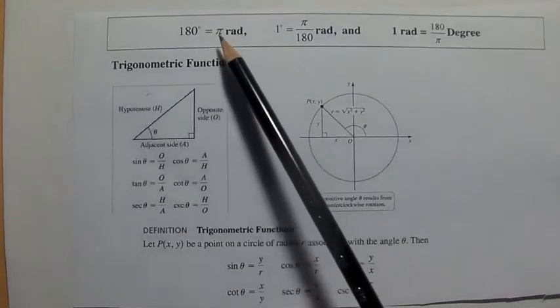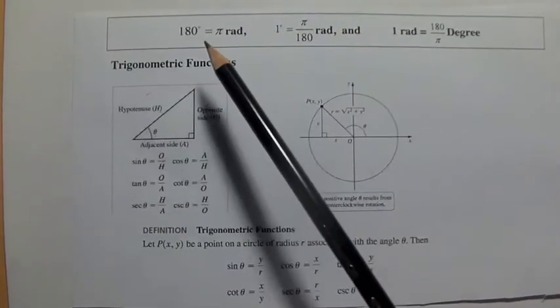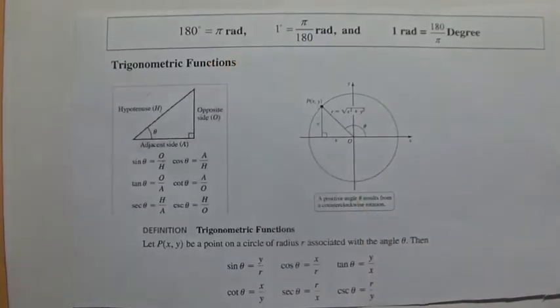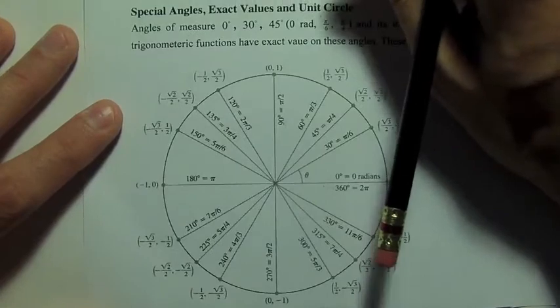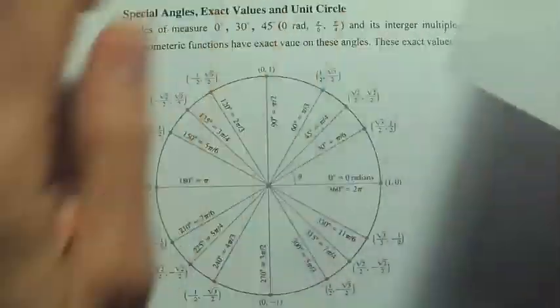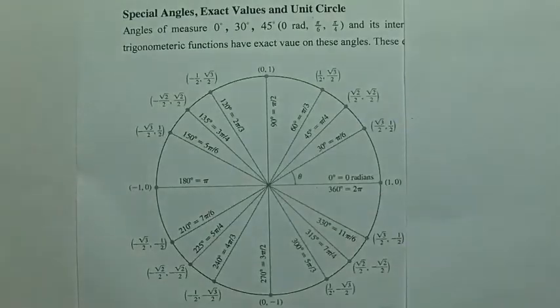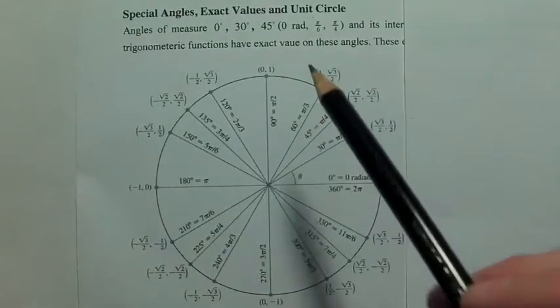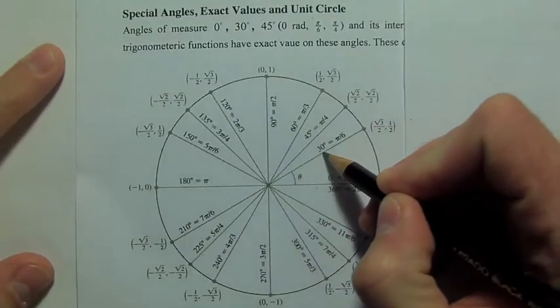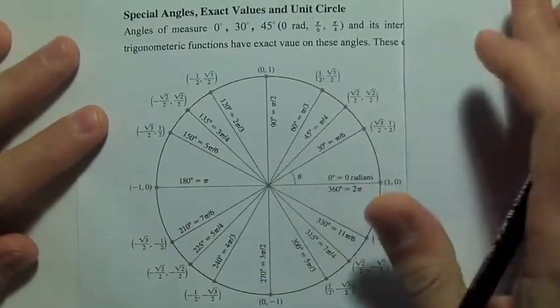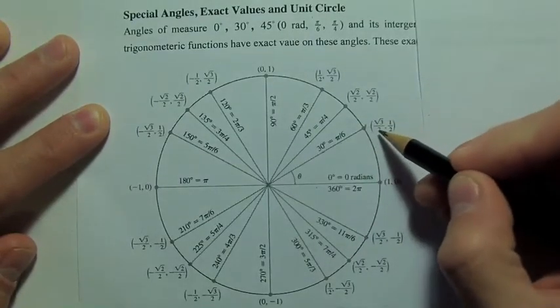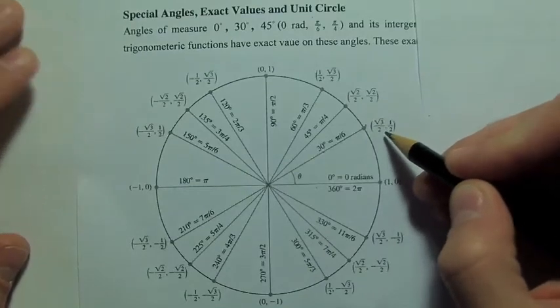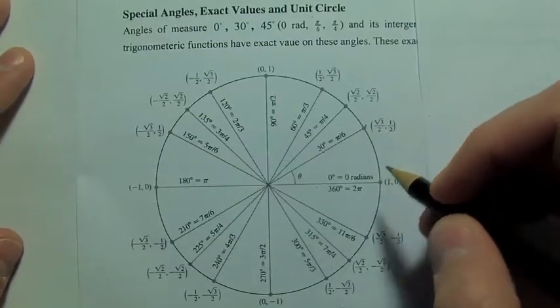And here are your unit conversions. Basically, 180 degrees is equal to pi radians. Okay, so here is the unit circle. If we think about this in terms of our usual trig definitions, at the angle 30 degrees, which is pi over 6 radians, the terminal side of the angle intersects the unit circle at the point square root of 3 over 2, comma 1/2.